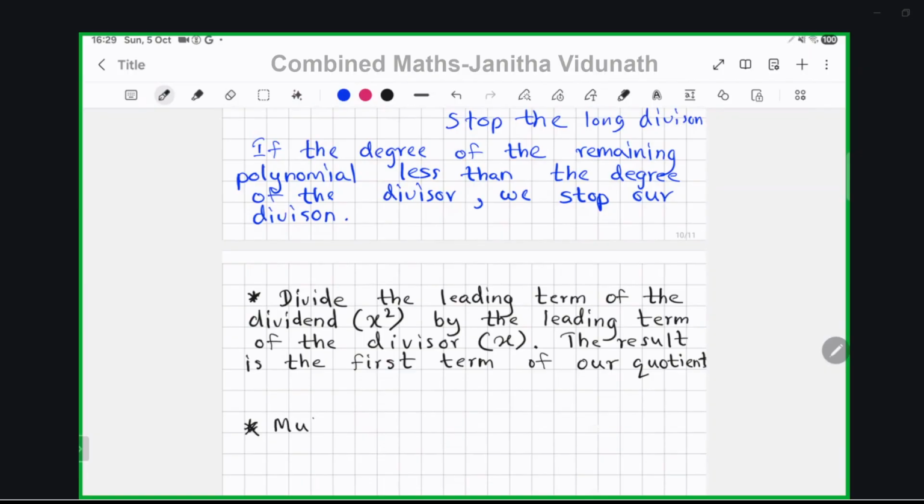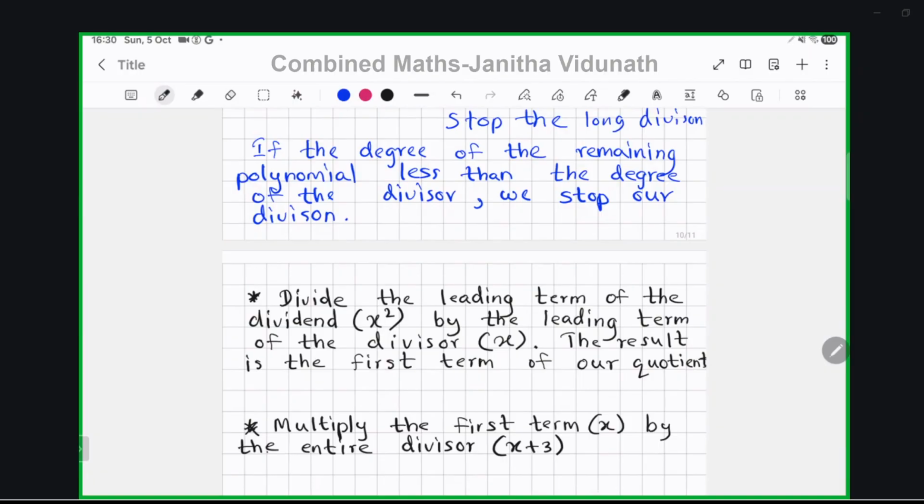Then multiply the first term, that means x, by the entire divisor.